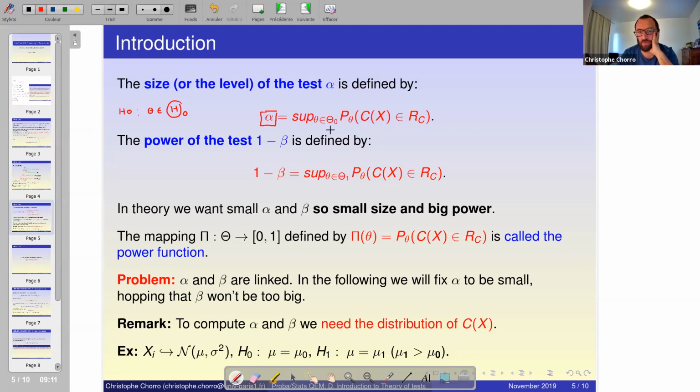So I am in the situation where my parameter belongs to the set of parameters related to H0, and I am interested in the probability that in this situation I reject.